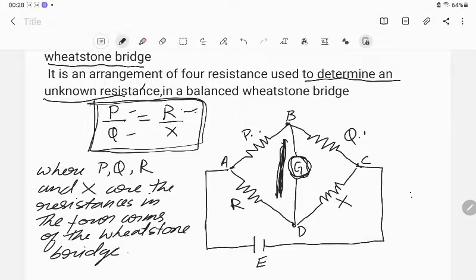No current will flow in this section, because when the bridge is balanced, point B and point D will have the same potential. Same potential means current will not flow, because current flows only when there is a potential difference, that is from higher potential to lower potential, from positive to negative.